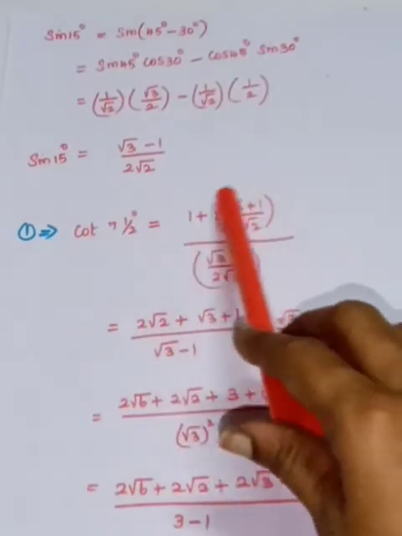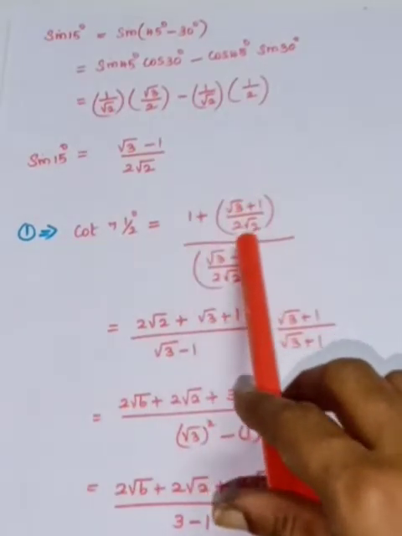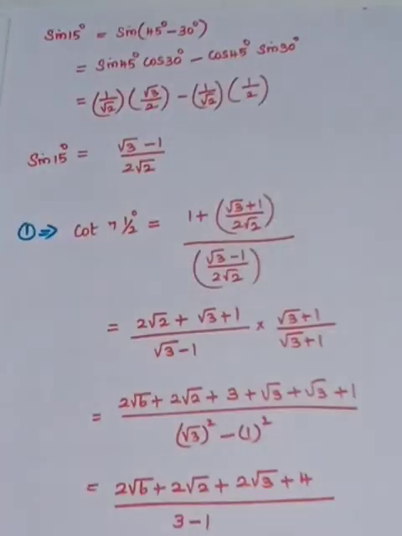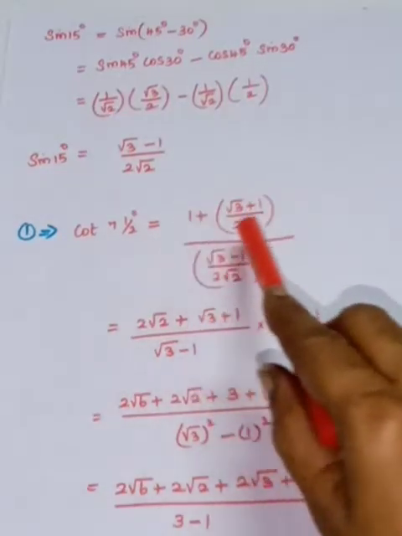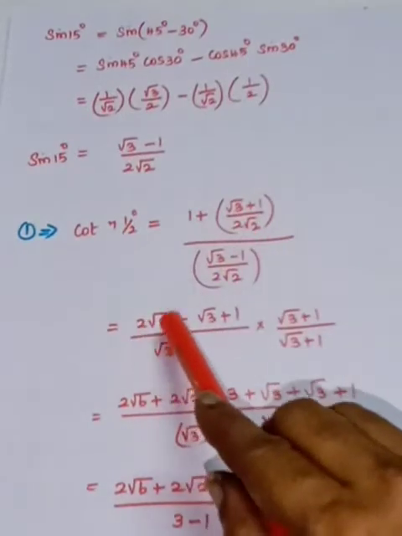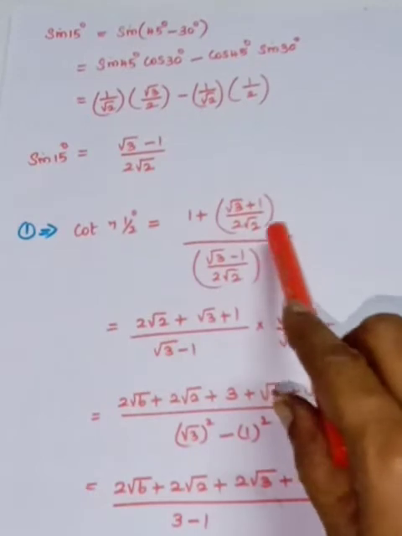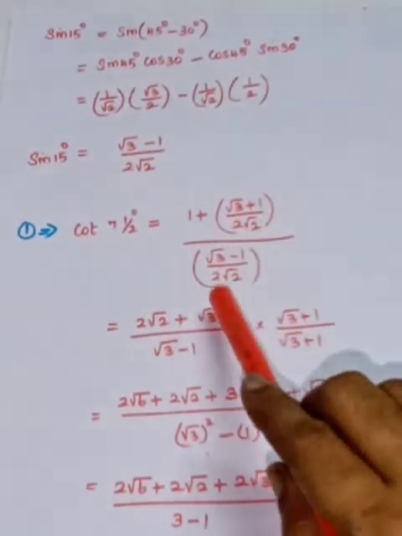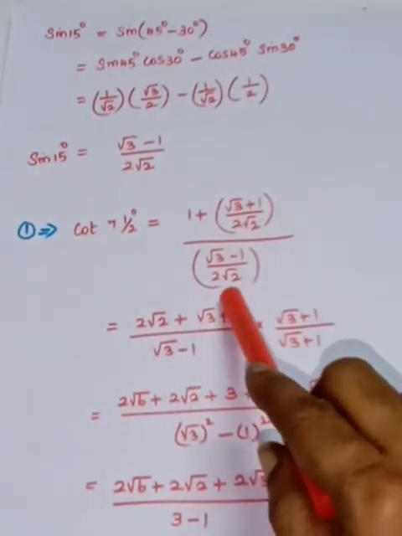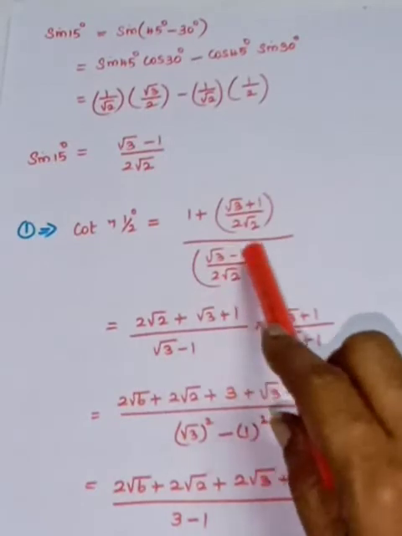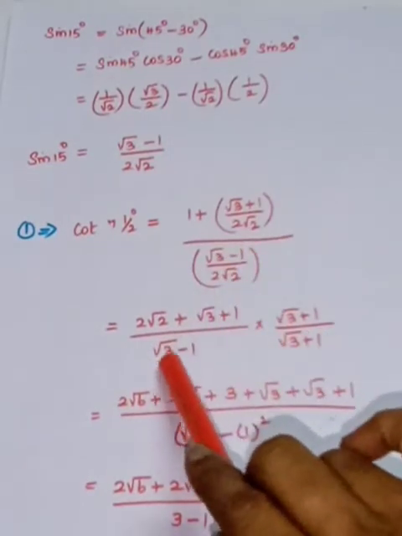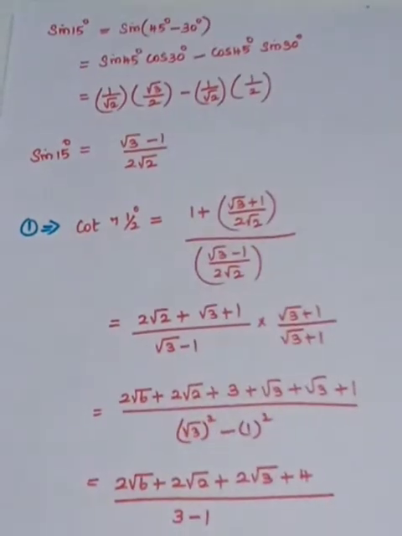In the numerator you have to take LCM, which is 2 root 2, so 1 into 2 root 2 plus root 3 plus 1. The 2 root 2 in the numerator LCM and the denominator LCM get cancelled, so in the denominator you are having root 3 minus 1.